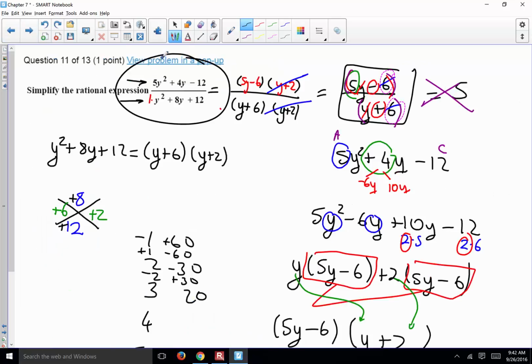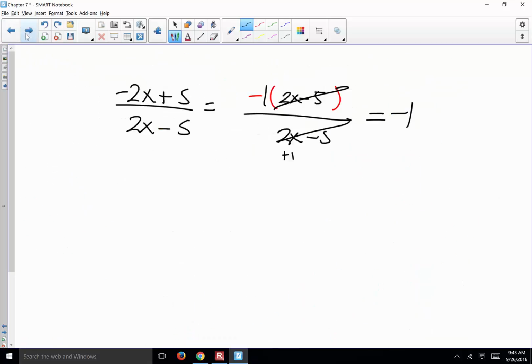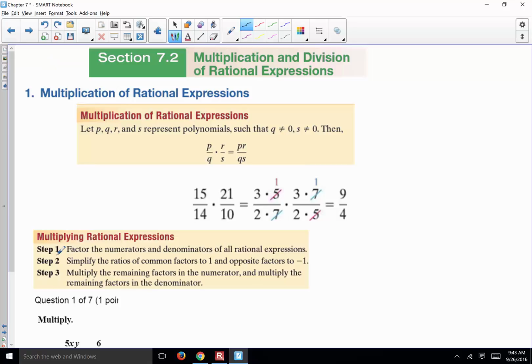In the next section, and all the sections in chapter 7, you will most certainly use these, because just because it says multiply two fractions, you won't just multiply and leave it alone. Computer will say incorrect if you do not reduce. To reduce, you need to factor and cancel. That's why chapter 6 is so important, and reducing 7.1 is so important. So please come to me for help if you have problems with those sections.